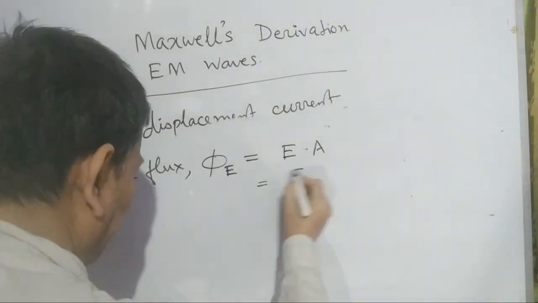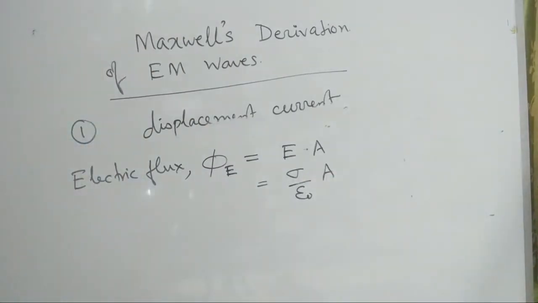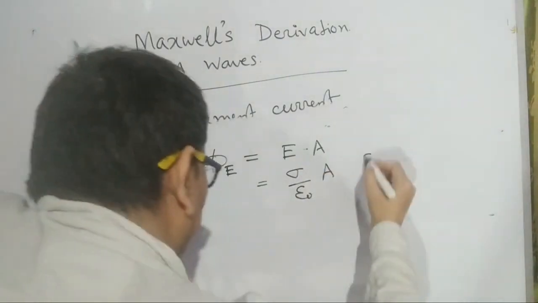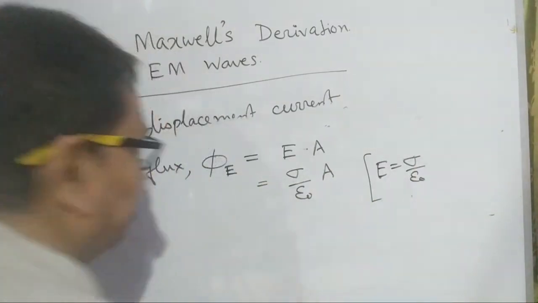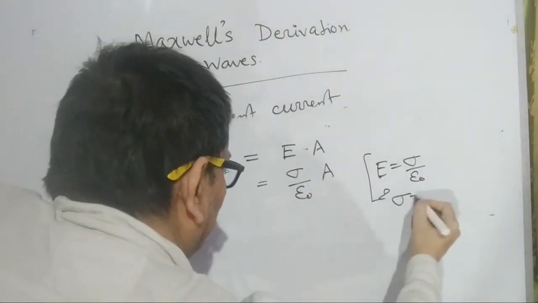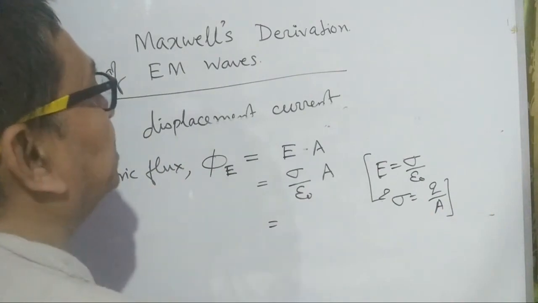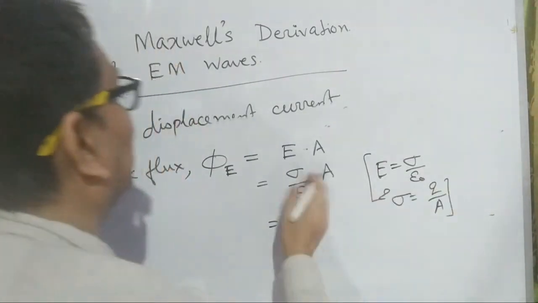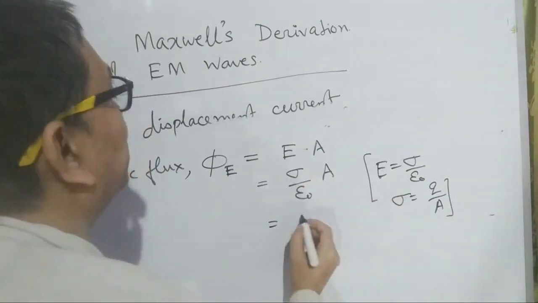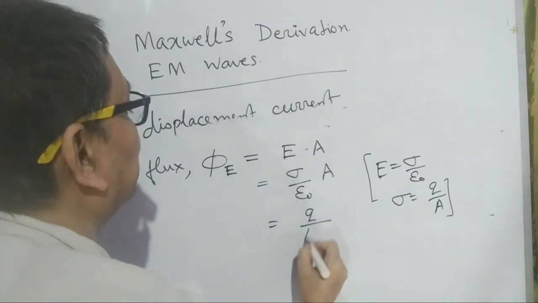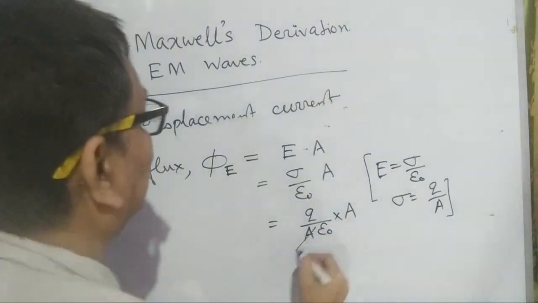Now this electric field is sigma by epsilon naught in space, and sigma is the charge density on the capacitor plate, equal to charge by area. So in place of sigma we can write Q by A, and the area gets cancelled.